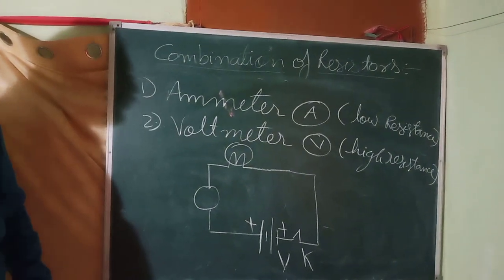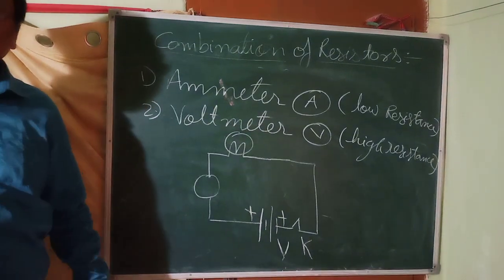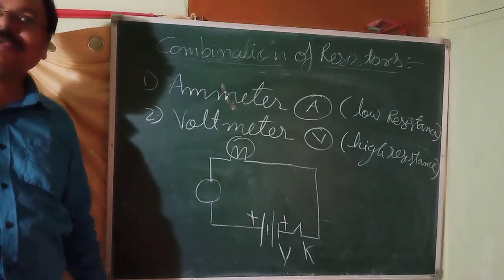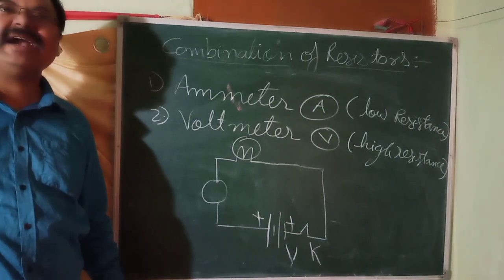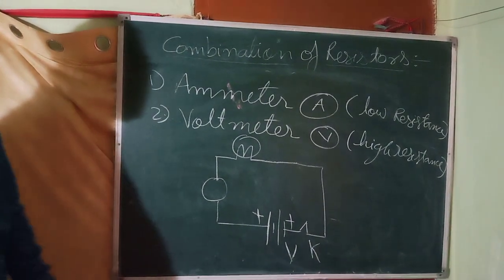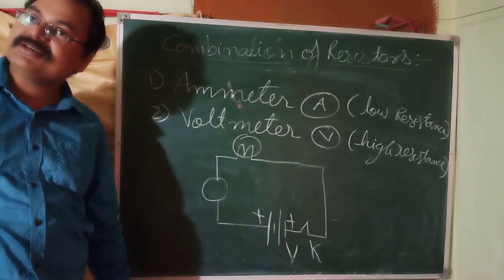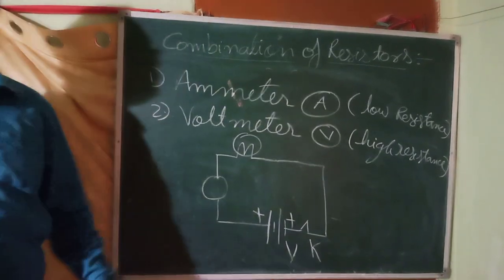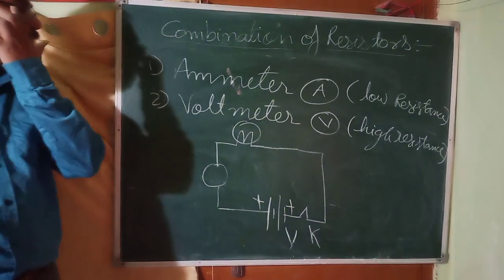If you take an ideal ammeter, its resistance is considered to be 0. Ideal ammeter has how much resistance? 0 resistance. Ideal voltmeter has how much resistance? Infinite resistance.